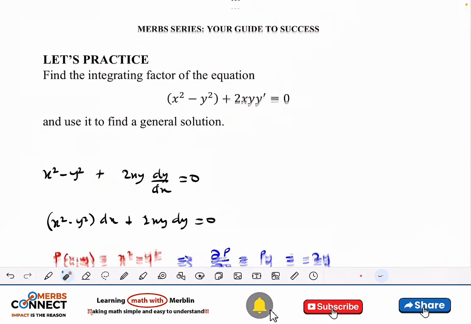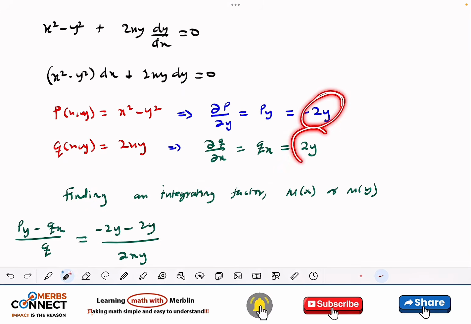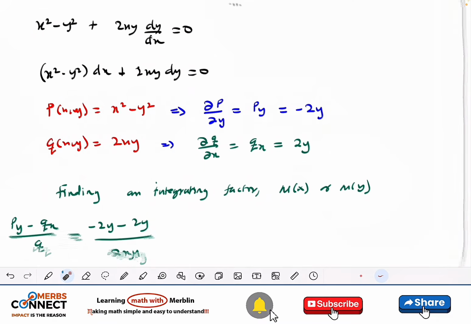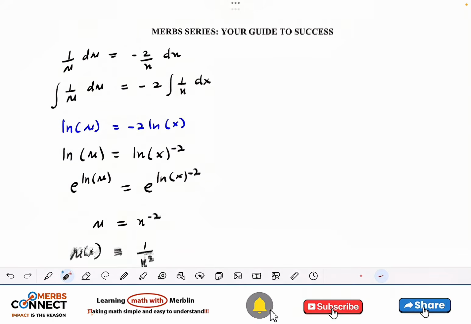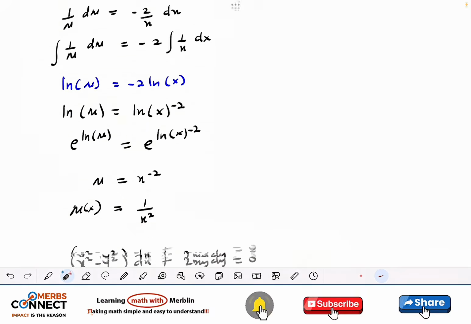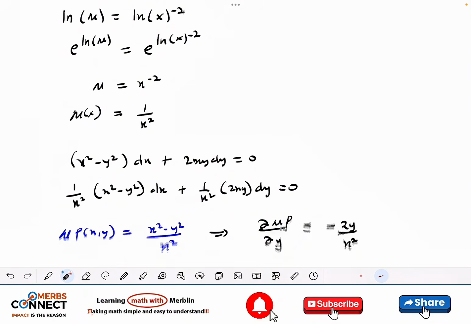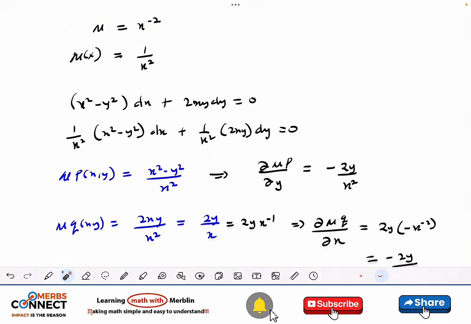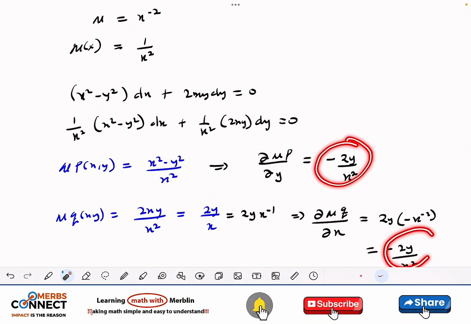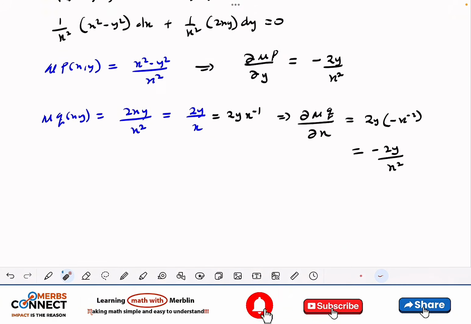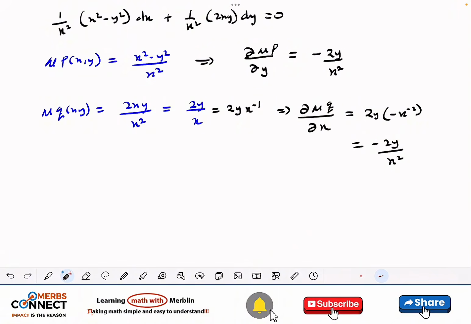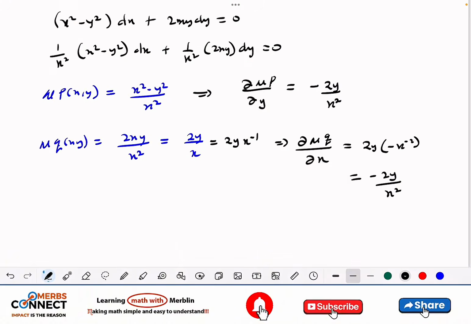So now we see that this was not the same as this before, and we said it was not exact. But when we found the integrating factor, and the integrating factor is correct, we see that now this is the same as that. If your integrating factor is wrong, when you do this, it is not going to work out. So what can we say?